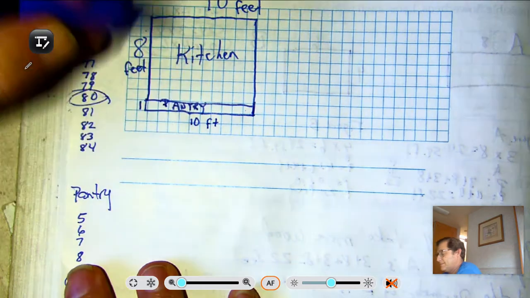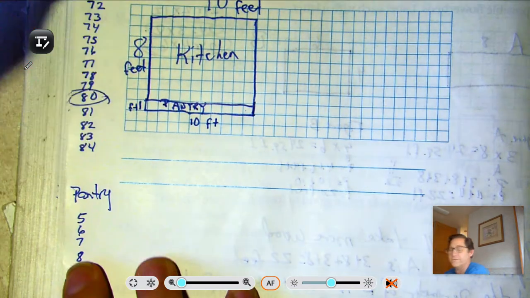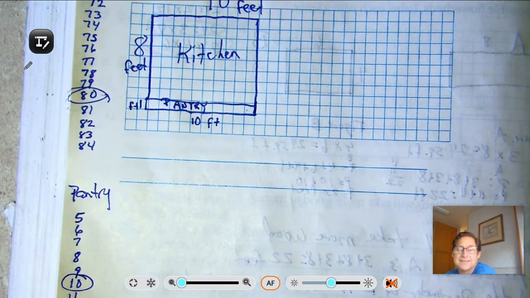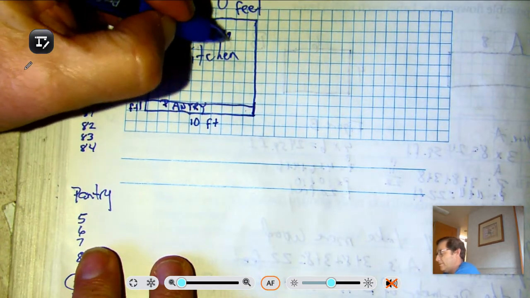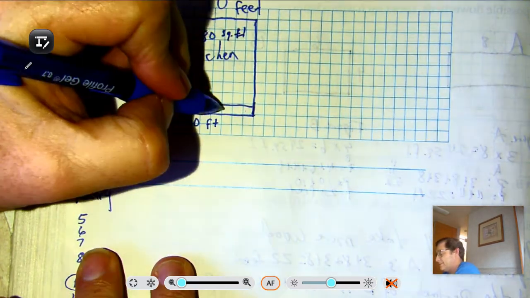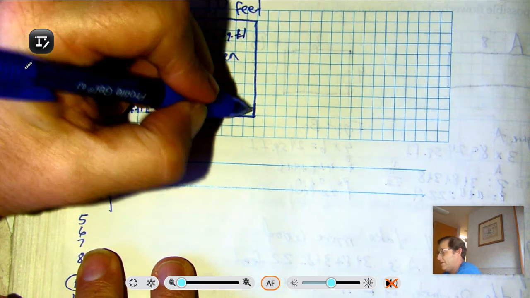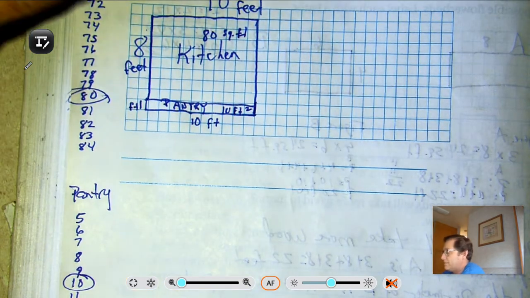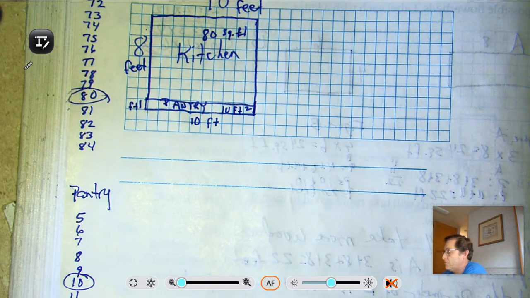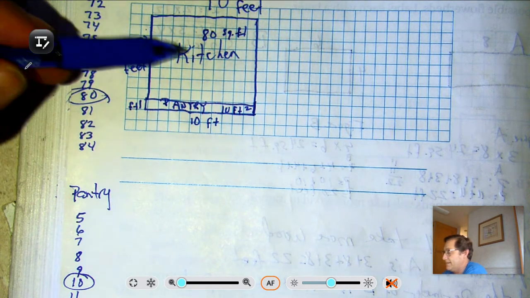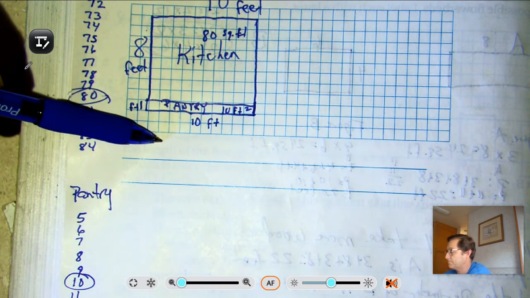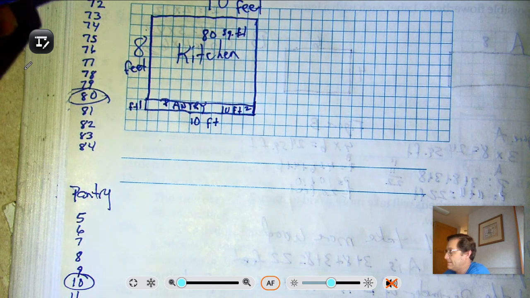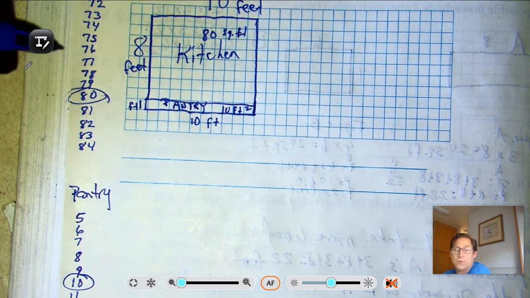10 feet by 1 foot. 1 times 10 is 10. 8 times 10 is 80 square feet. 10 feet squared. Draw and label a diagram to show what Mr. Wicks could design. Okay, so I've drawn the kitchen, I've drawn the pantry, and now I need to explain how to find the total area.